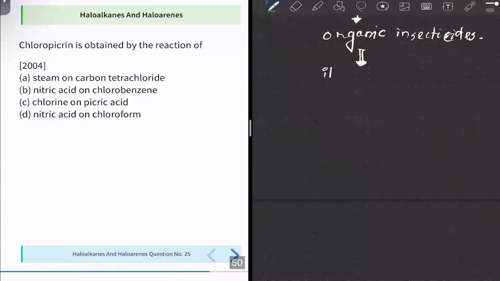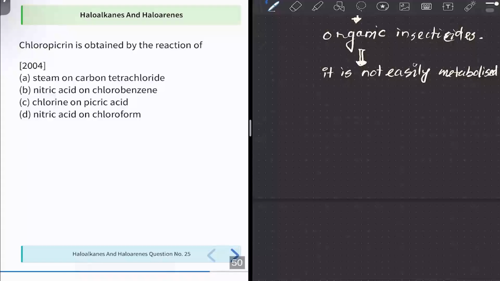It is not easily metabolized, and it affected the formation of egg cells of various birds. That was the reason it is banned now.